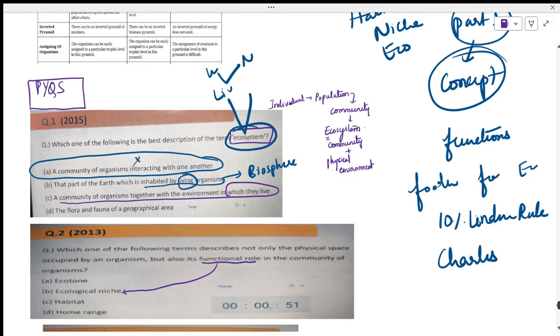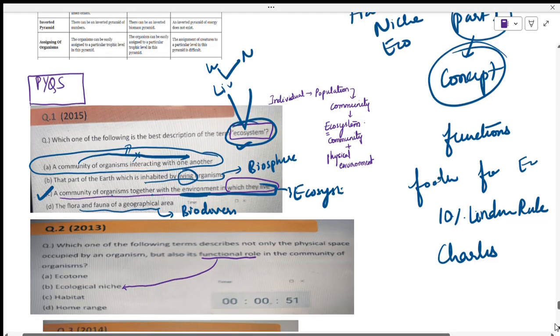The flora and fauna of a geographical area is called biodiversity. A community of organisms together with the environment in which they live is called ecosystem. So here we can see that a community of organisms is only interacting with each other, but not with their environment. So here environment is also involved, so it is called ecosystem. So option C will be the correct answer.